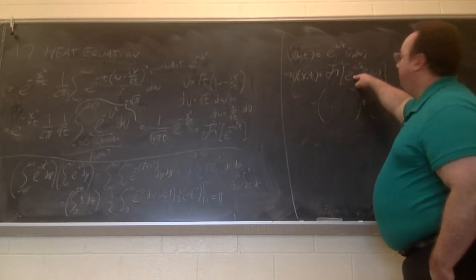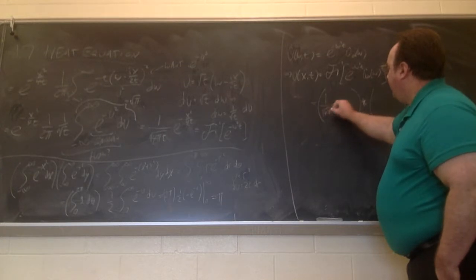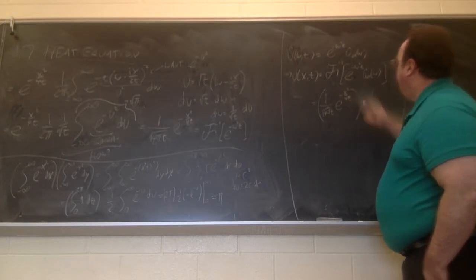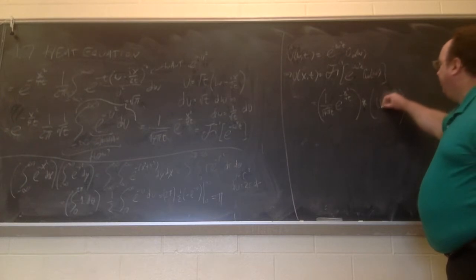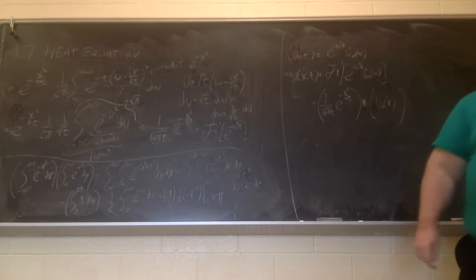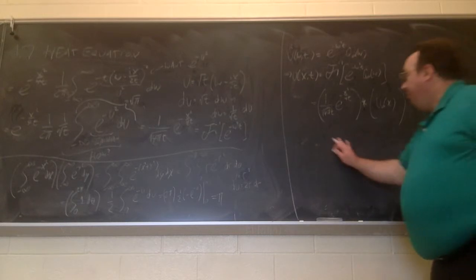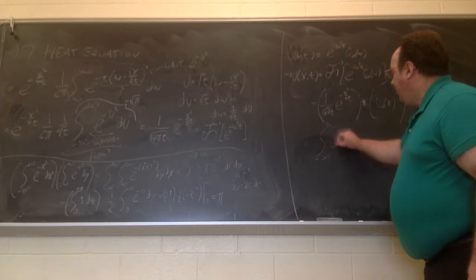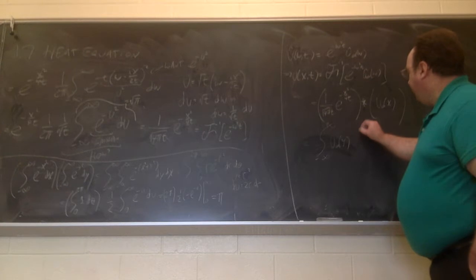so the inverse transform of this was just worked out, so that's going to be 1 over square root of 4 pi t e to the minus x squared over 4t, convolution with the inverse transform of that, which is just u naught of x. So now I have the solution expressed in convolution form, which I can then write as an integral of u naught of y times this.